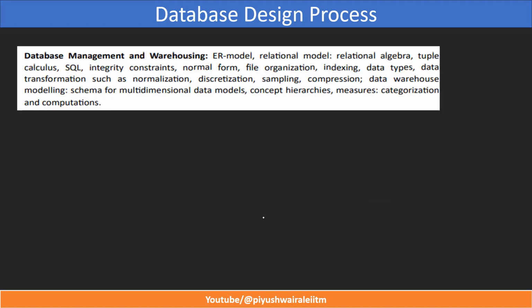If you look at our syllabus, the ER model covers the first three steps, including developing a relational model. Then the next step is schema refinement, that is normal forms or normalization. Then we create a physical database using SQL, integrity constraints, indexing and data types. All this comes under physical database design.